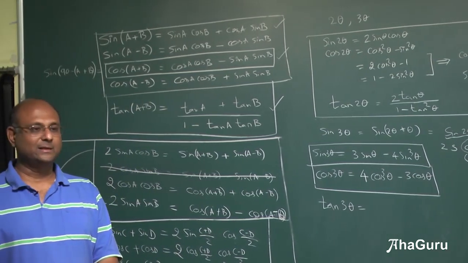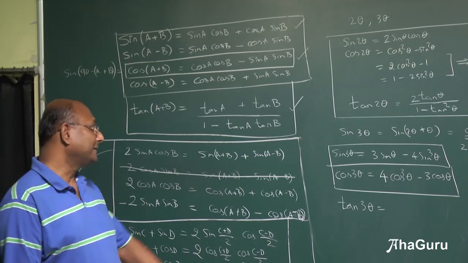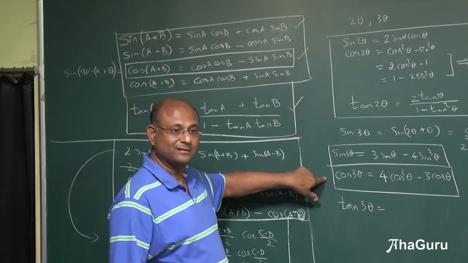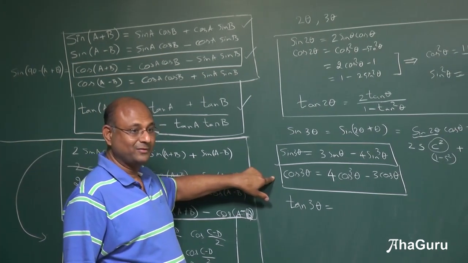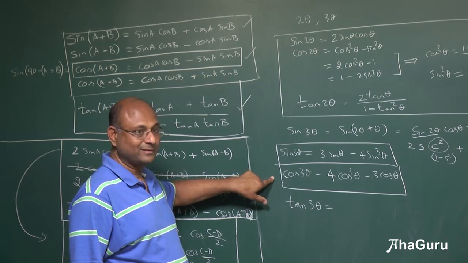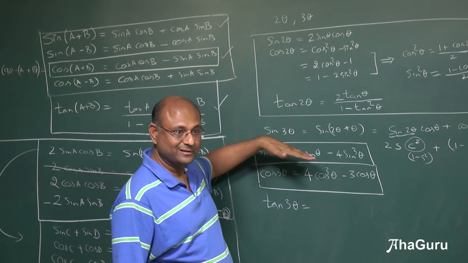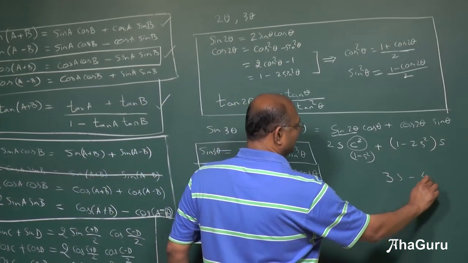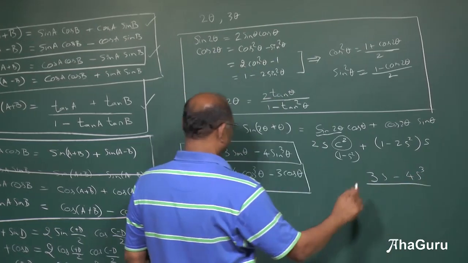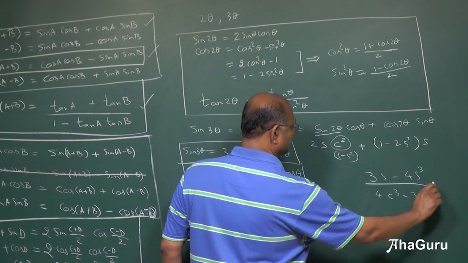What about tan 3 theta? Well, I can do sin 3 theta by cos 3 theta and divide. It's not too complex. Will it be too complex? Because if I now divide this by cos, I'm going to get (3s minus 4s cube) by (4c cube minus 3c).